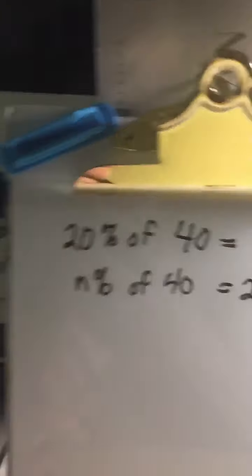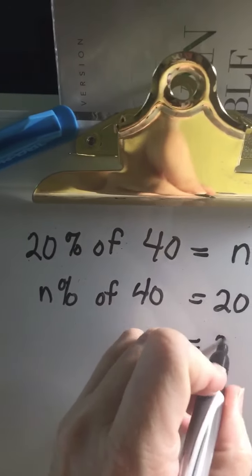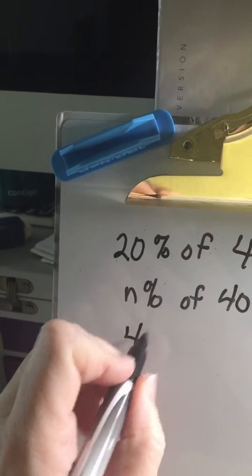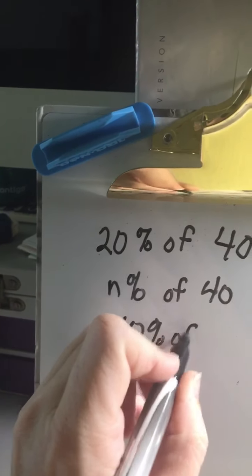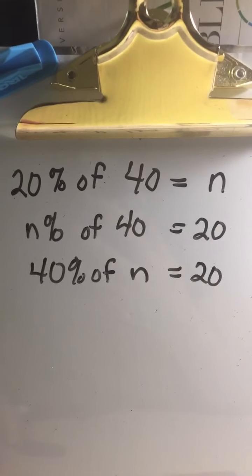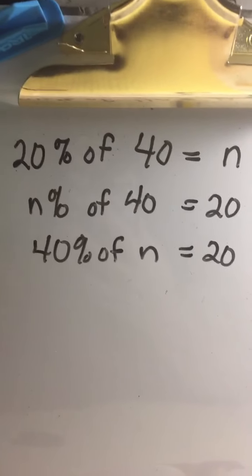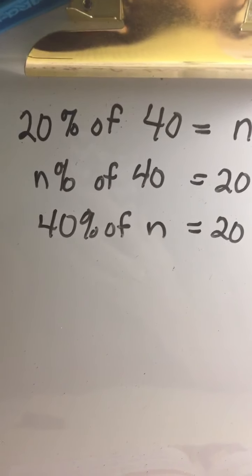And then the last one says 20 is 40% of what? Or how much? So these are three, they use the same numbers, but they asked it in different ways.